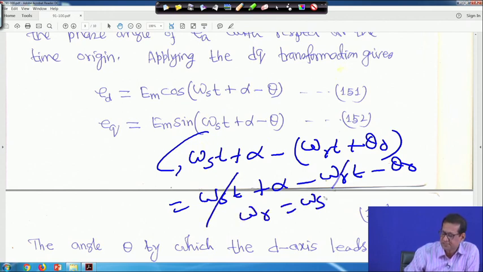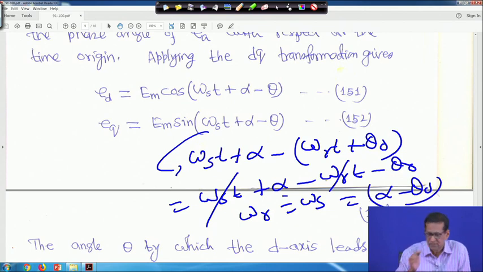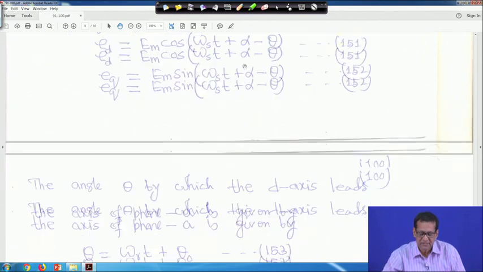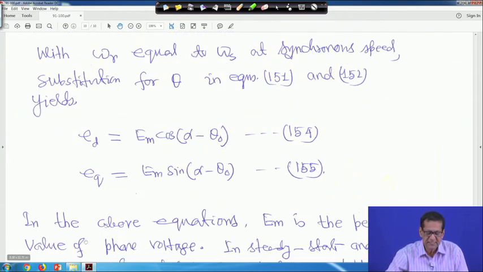Therefore, this term will be cancelled. Ultimately, this term will be alpha minus theta 0, right. That is why we are writing ED equal to EM cos alpha minus theta 0, this is equation 154, and EQ equal to EM sin alpha minus theta 0, that is equation 155, right.